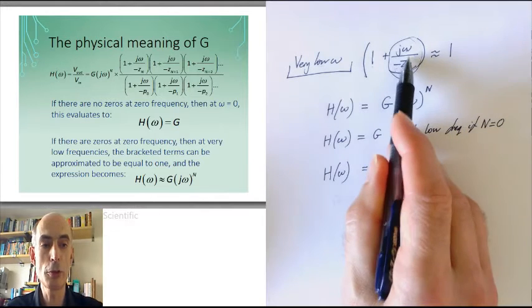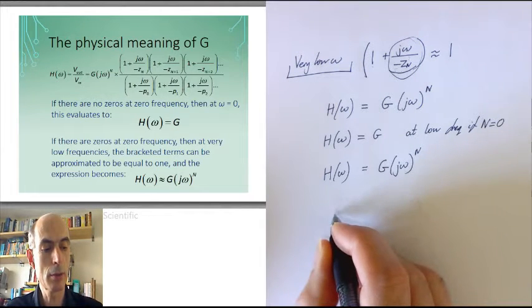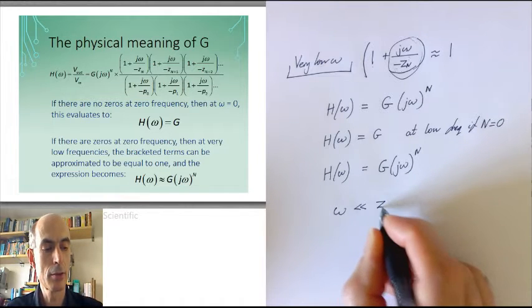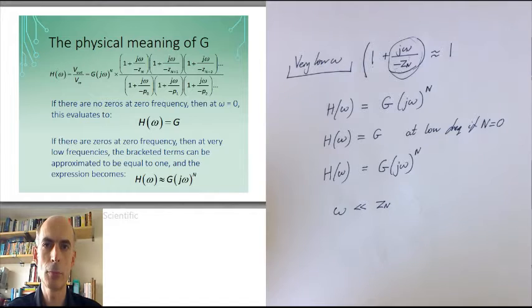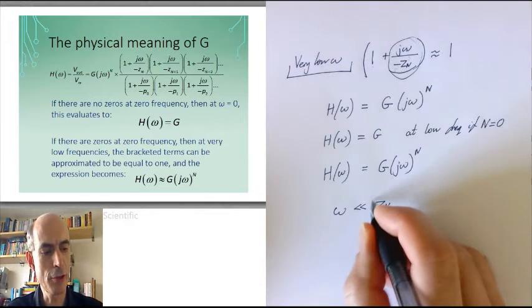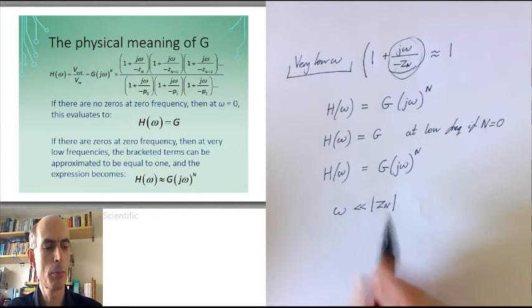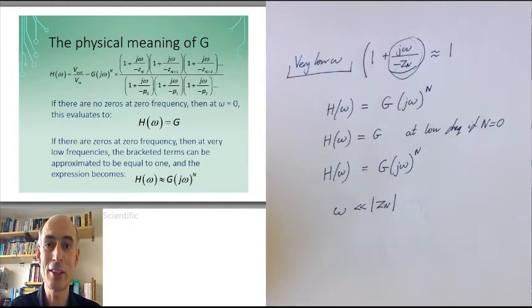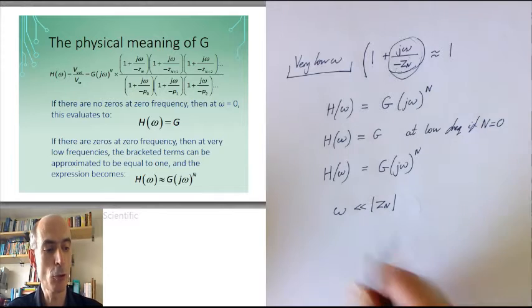And these terms are going to be negligible when omega is much, much less than Zn. Or I guess I should write much, much less than the modulus of Zn, because most of these Zn's in practice are going to end up being negative. It's true of all the poles as well.